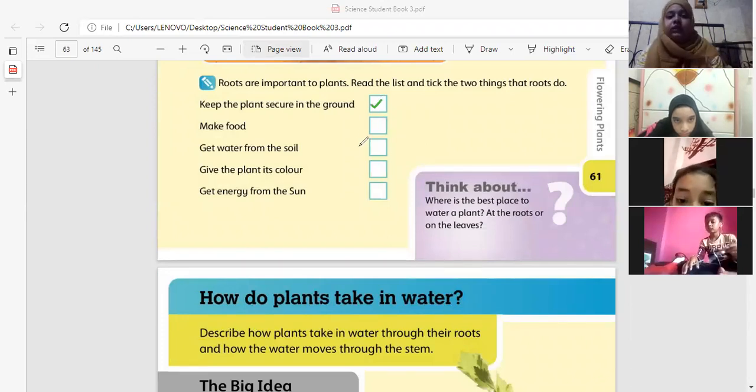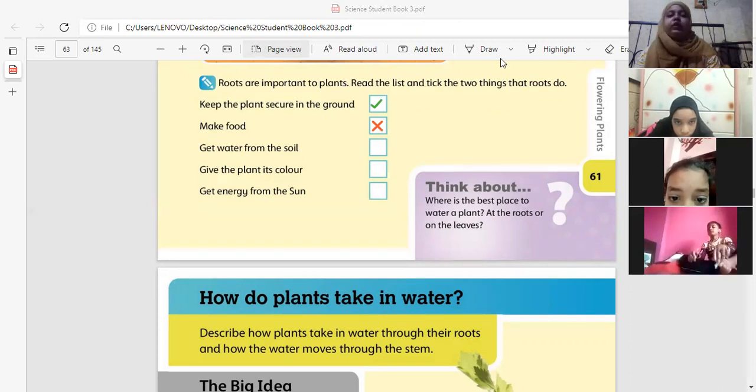Very good. Roots make food? Do roots make food? No. Very good. Get water from the soil. Right. Very good. Give plants a color?